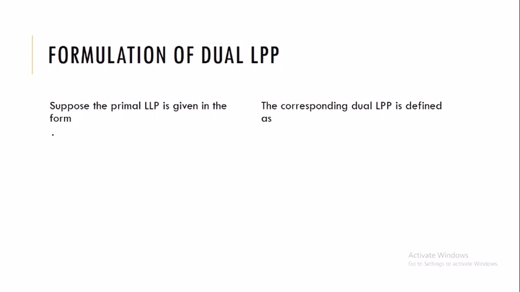Suppose the primal LPP is given in the form: maximize Zx equals C1x1 plus C2x2 plus etc plus Cnxn.